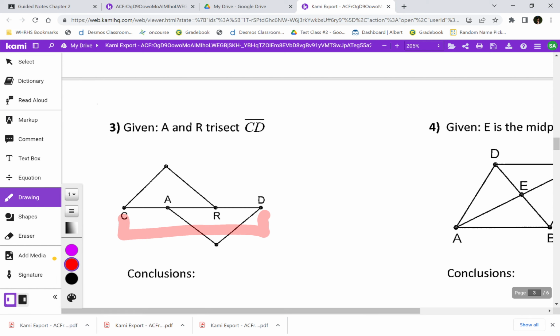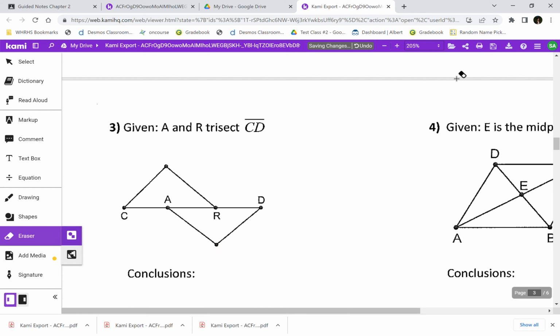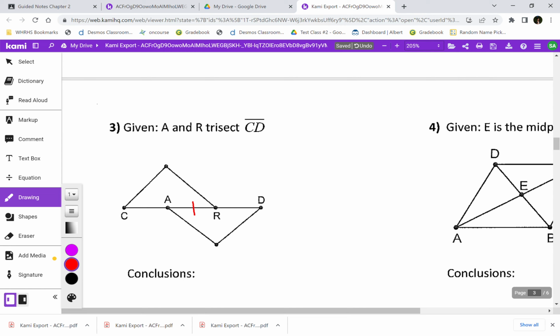You name a segment with 2 letters. CR. So C, this whole thing is congruent to what? Oh, never mind. AR is congruent. Okay, so you're saying segment AR is congruent to which segments? So this segment right here is congruent to what else? You need 3.